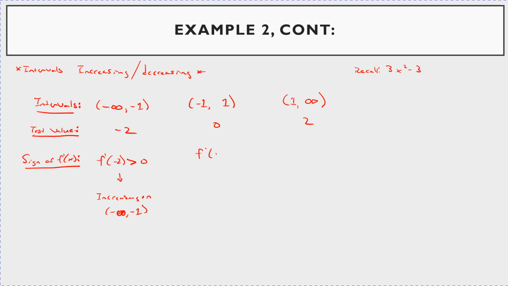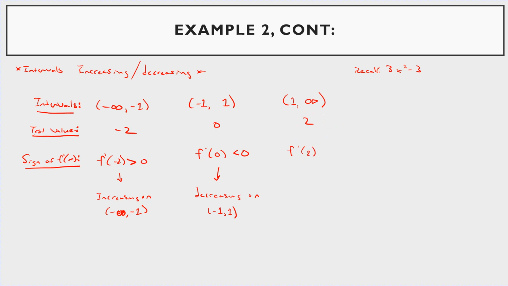If you take 0 and plug it in, 0 squared is 0, wipes this out, and you get -3. So look at that, that's less than 0. So that means the function is decreasing on this interval from -1 to 1. And then finally, let's take 2 and plug it in.